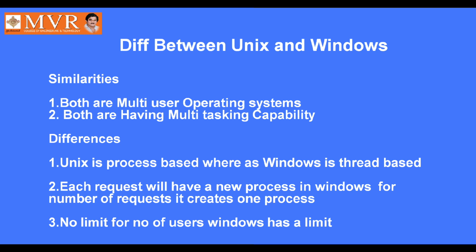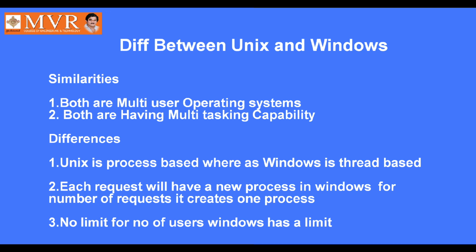These are the similarities. Coming to the differences, this is very important. The first difference is that Unix is process based, whereas Windows is thread based. What do we mean by process? To understand this, we need to understand what a process is. We can define a process as a program under execution. Whenever you write a program and it is being executed, it is called a process.